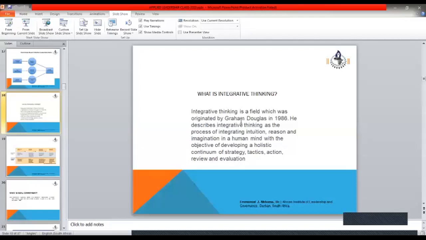Integrative thinking is a field which was originated by Graham Douglas, 1986. Underline that.